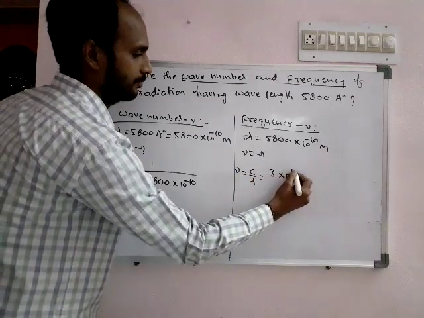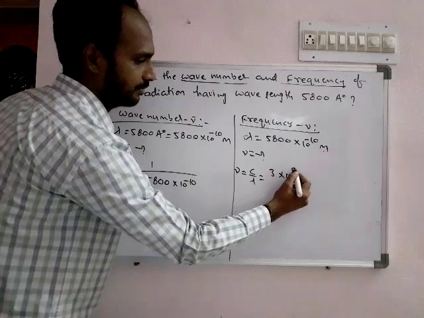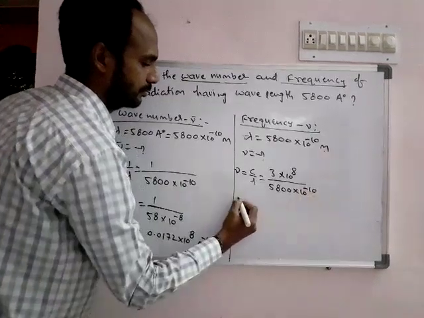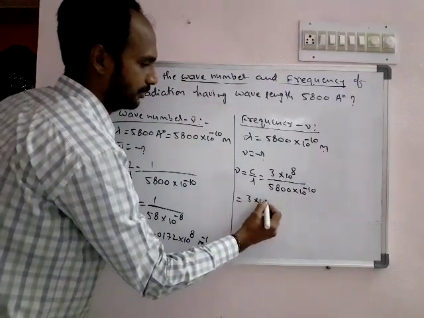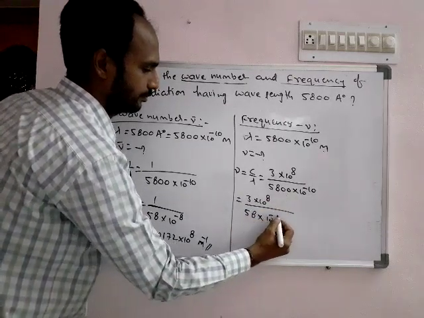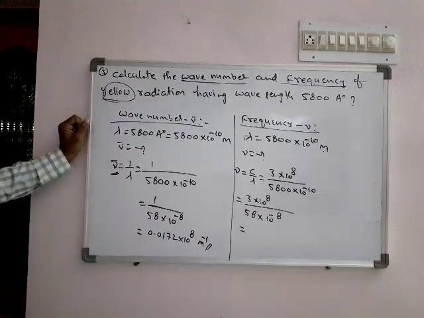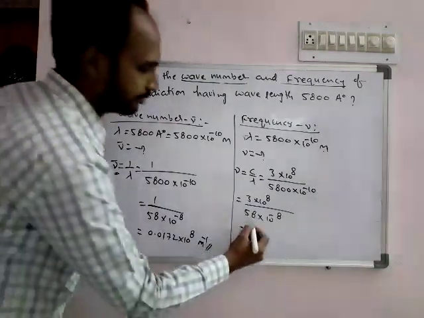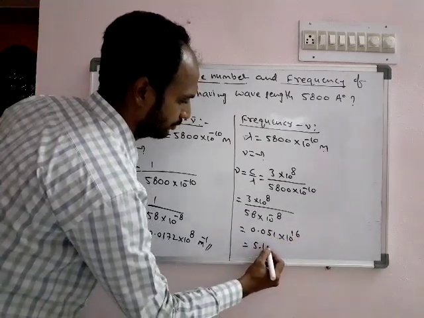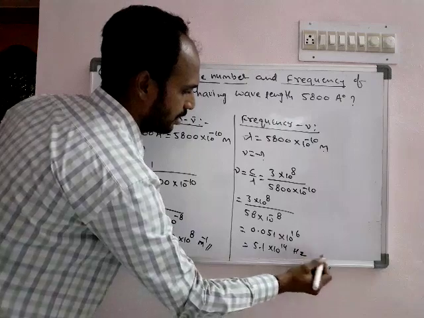Since lambda is taken in terms of meters, the speed must also be taken in terms of meters. c by 5800 into 10 power minus 10 gives the frequency, that is in hertz.